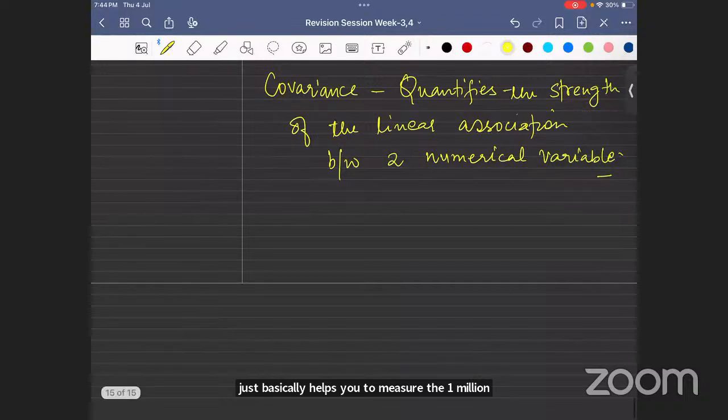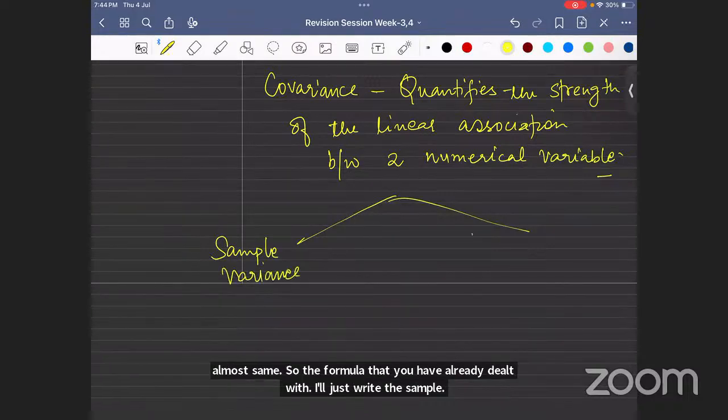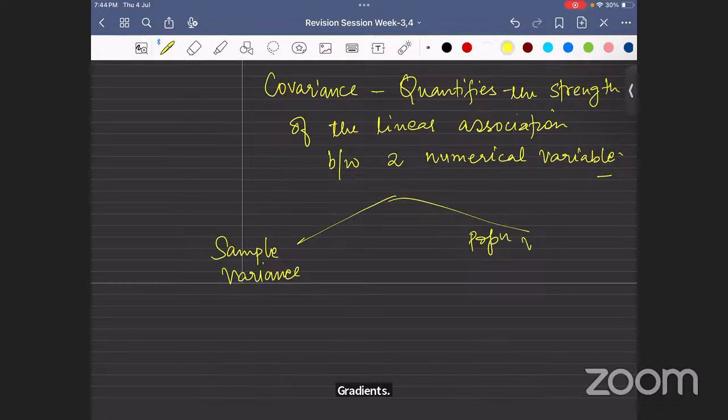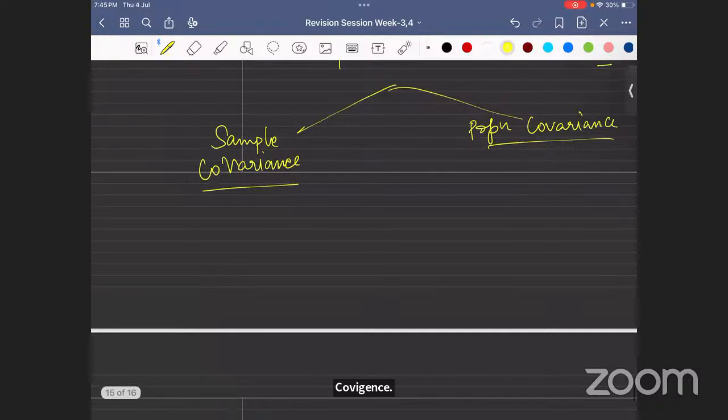The formula that you have already dealt with, I'll just write the sample covariance and the population covariance.